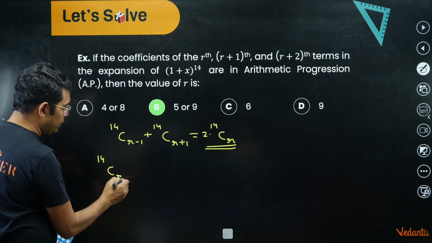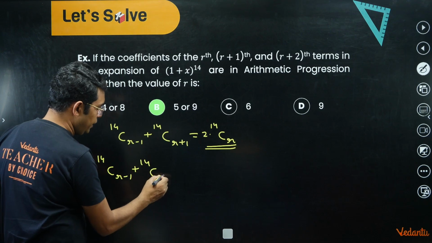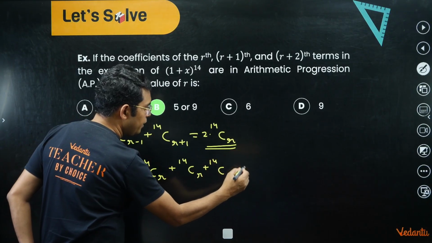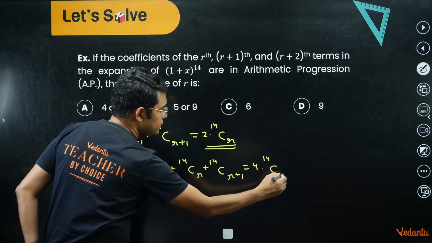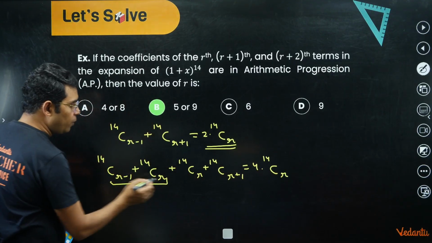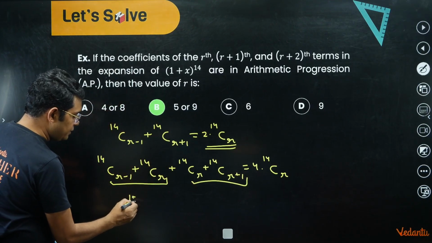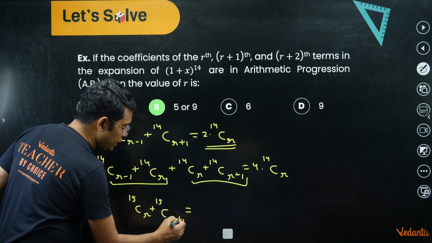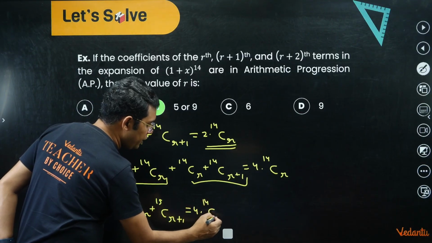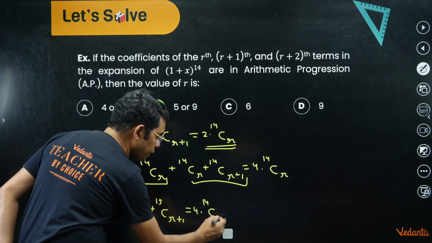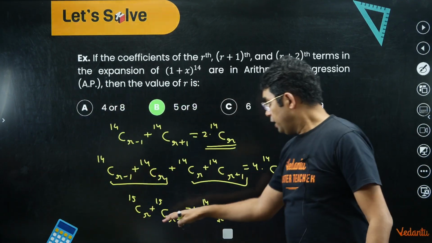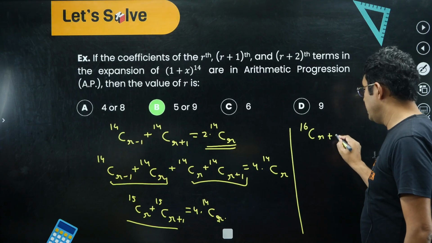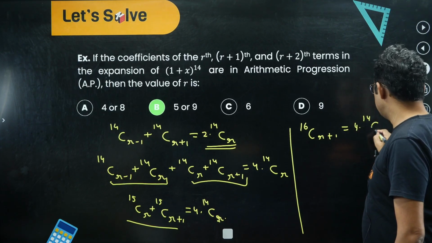I'll tell you the reason: 14Cr plus 14C(r+1) will become 15C(r+1) by the property I told you in the beginning, and the right side becomes 4 times 14Cr. Applying the property again, it will be 16C(r+1) equal to 4 into 14Cr.